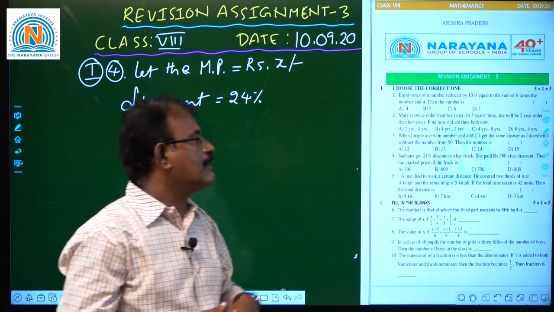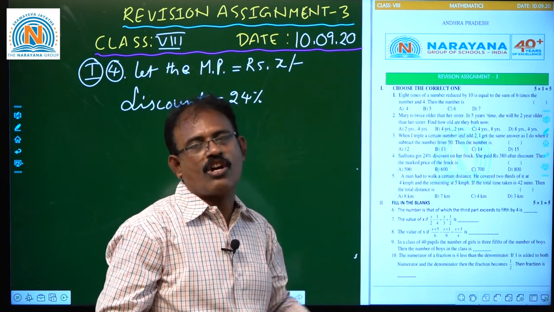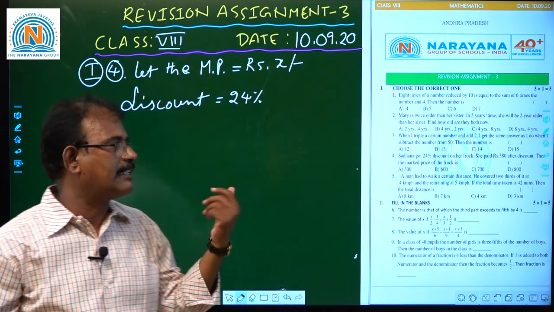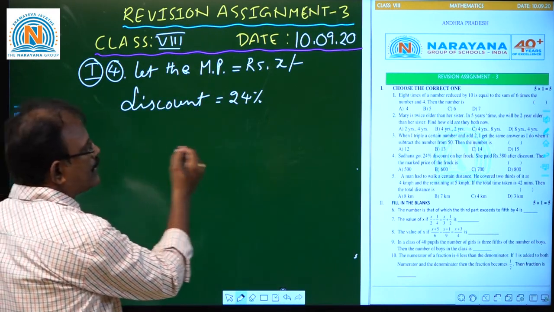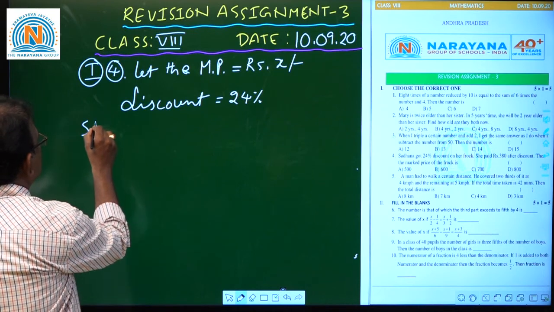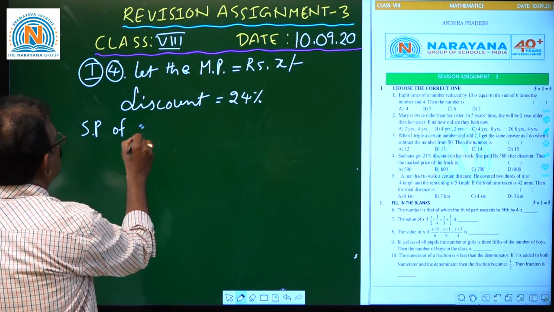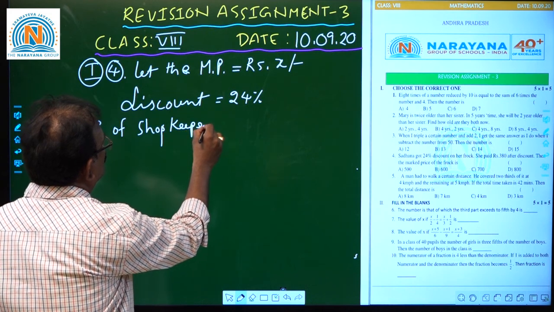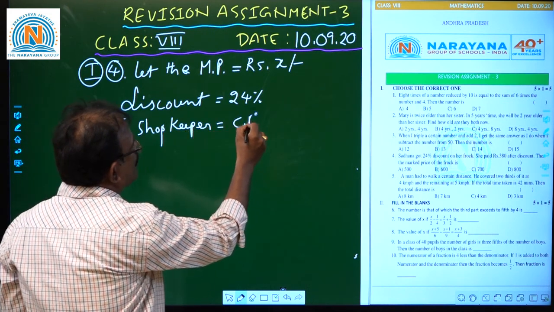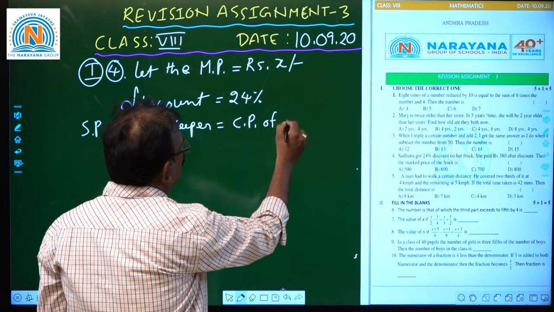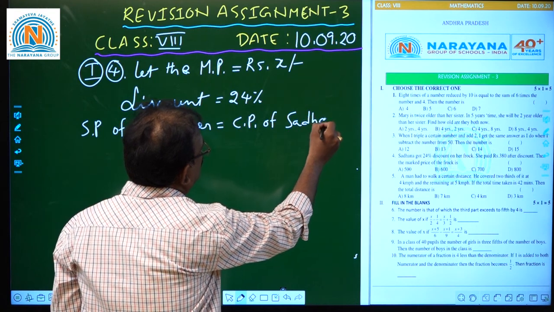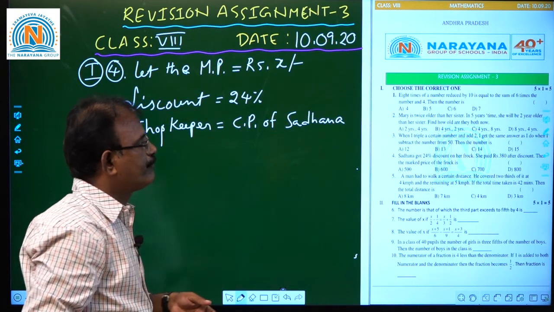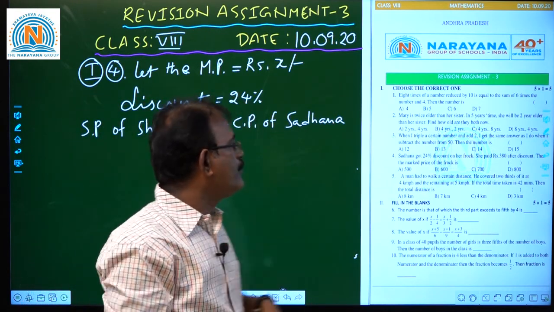So the selling price of the shopkeeper is equal to the cost price of Sadhana. That is 380 rupees.